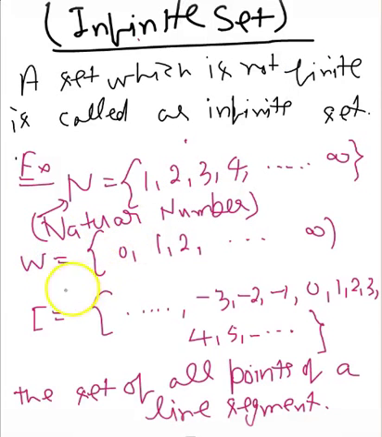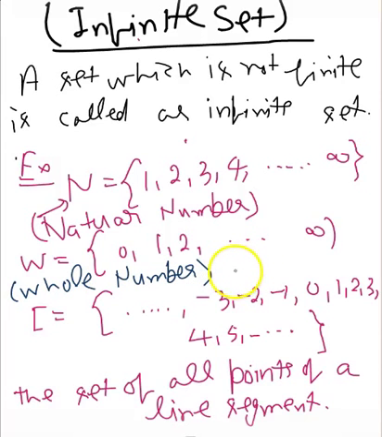Similarly, W is used to represent the whole numbers. Whole numbers are those numbers where we have all the natural numbers including 0. Again you can see that these are all sets where the numbers are reaching infinity. It means we don't know how many elements are present in this set, so it is again an infinite set. Similarly, the set of integers.